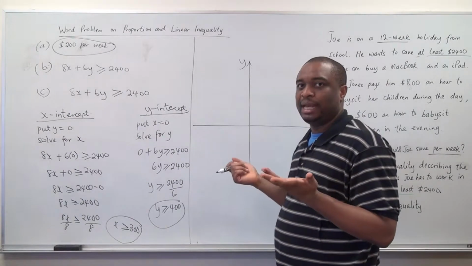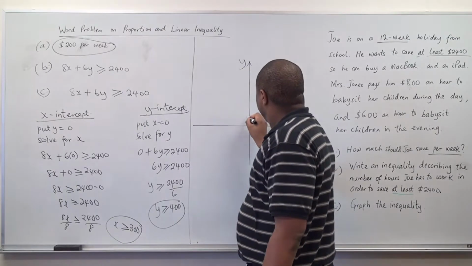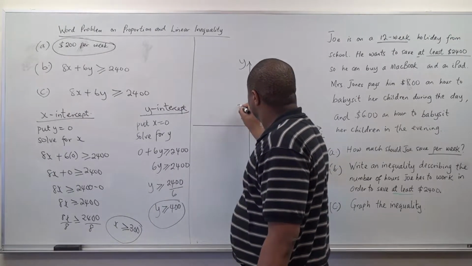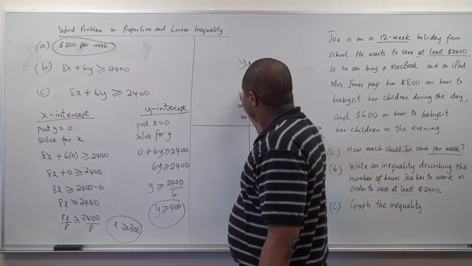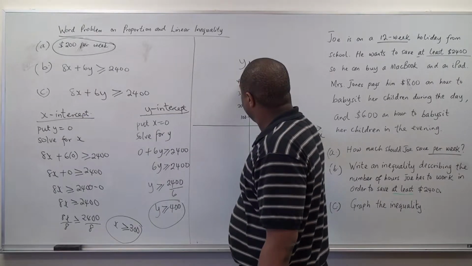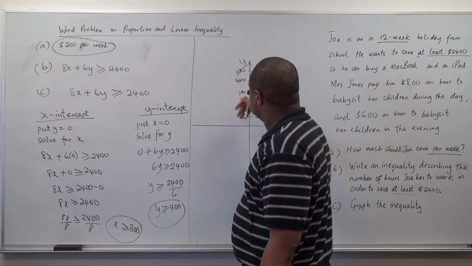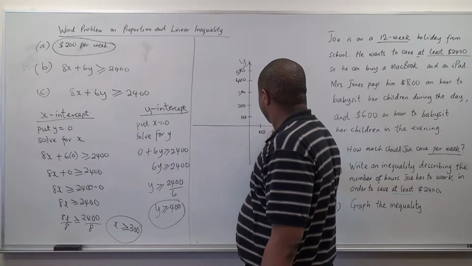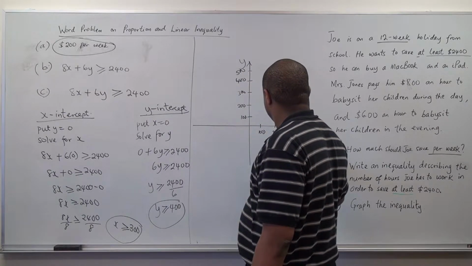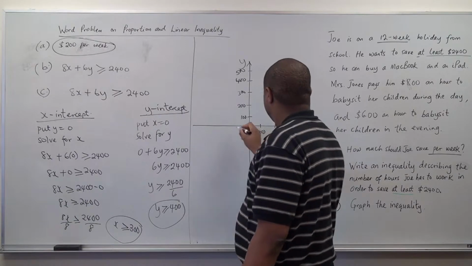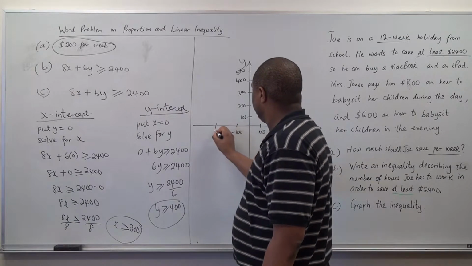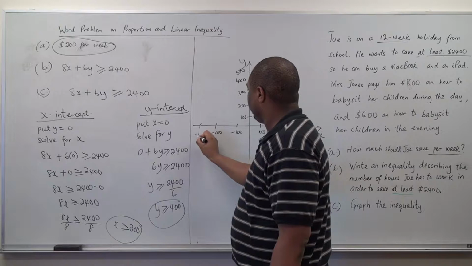Let's say this is 100, maybe 200, 300, 400, 500. This is 100 units. You can use the same unit here: 200, 300, 400, and negative 100, negative 200, negative 300.